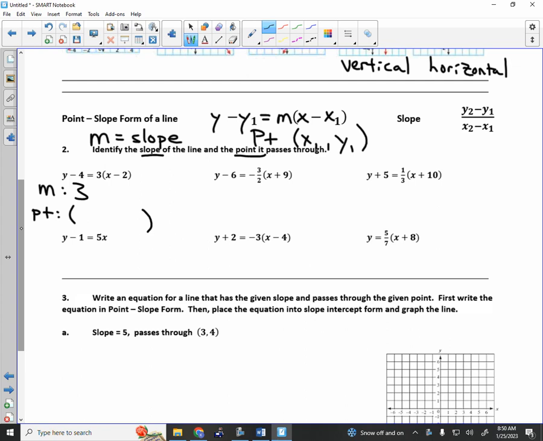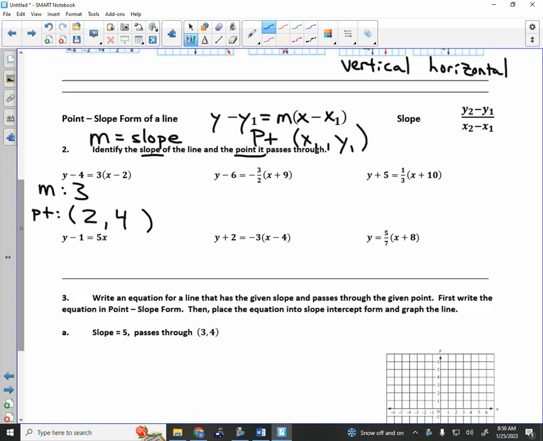It's not negative 2, it's positive 2. See that? And then it's whatever y value sits there. What y value sits there? Positive 4. So slope is 3, and it goes through positive 2, positive 4. A lot of people want to say negative 2 and negative 4. It's opposite of what you think.